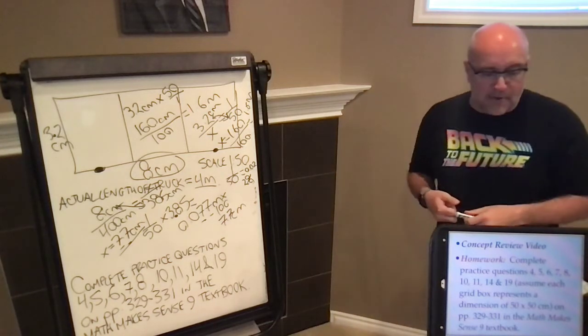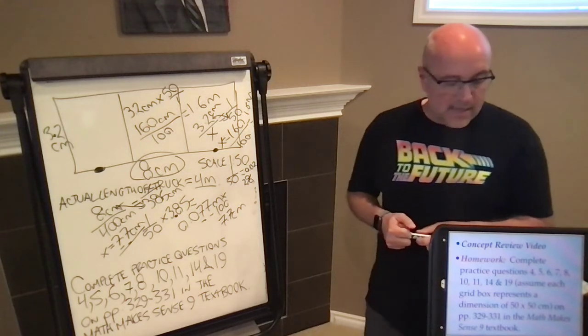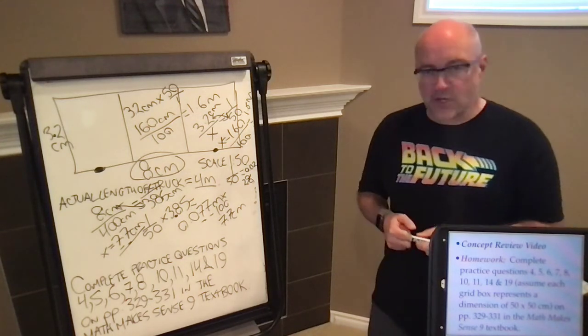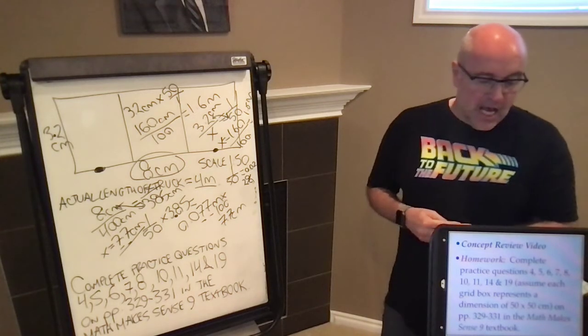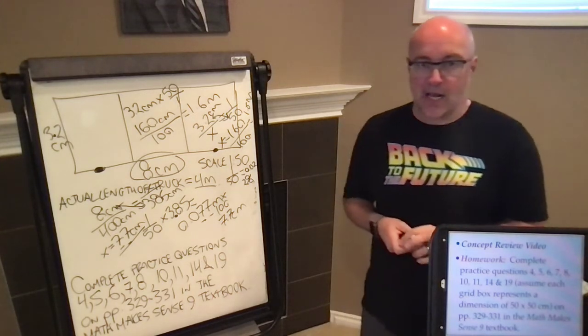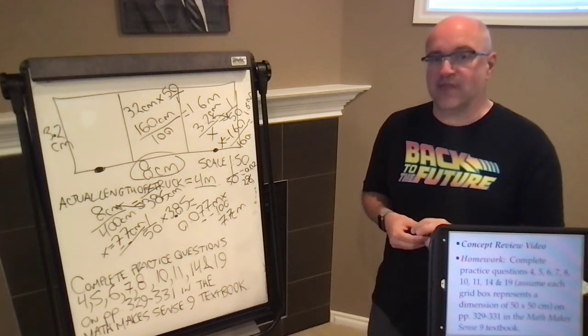Tonight's homework is going to be practice questions 4, 5, 6, 7, 8, 10, 11, 14, and 19. And for question 19, assume that each grid block represents a dimension of 50 by 50 centimeters.